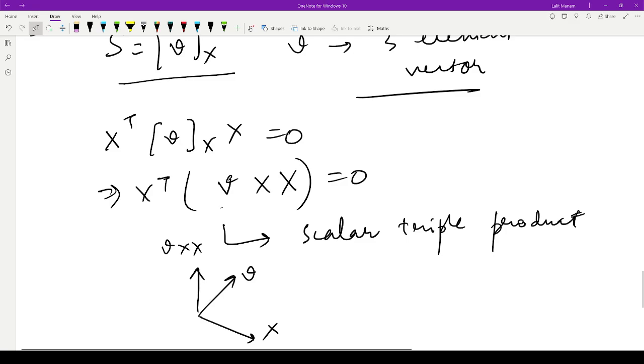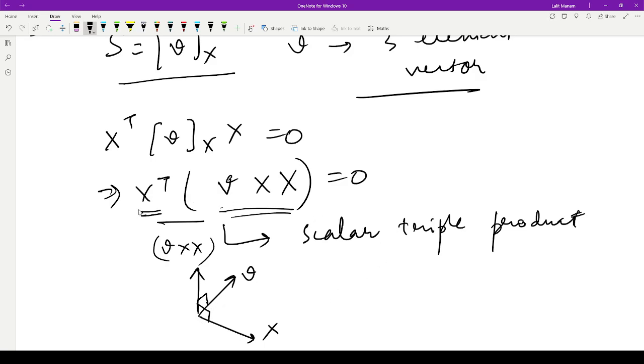Yes, sir. So if it's perpendicular to V and x, then the angle between this and x is 90, right? So this is 90, even this is 90. If this angle is 90, then what more can you say about it? Dot product is proportional to cos theta, right? So x transpose of some vector means we are taking the dot product of this x and this V cross x, these two vectors.